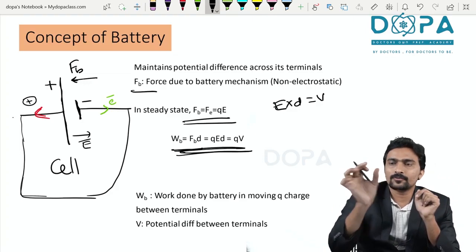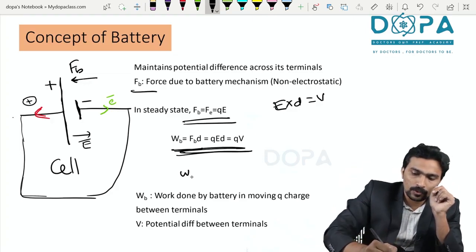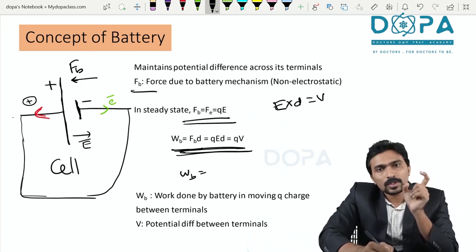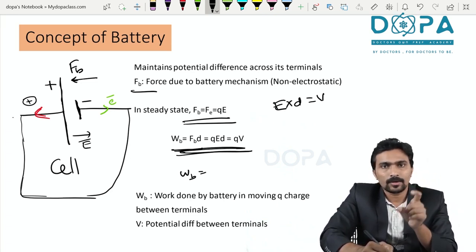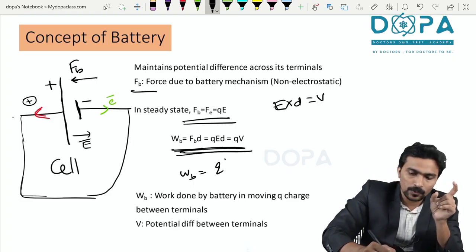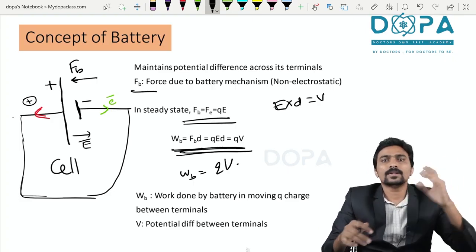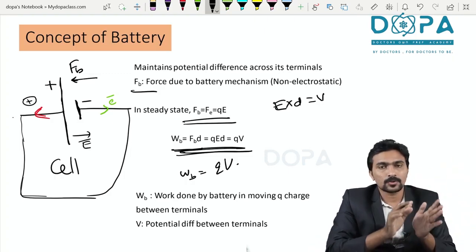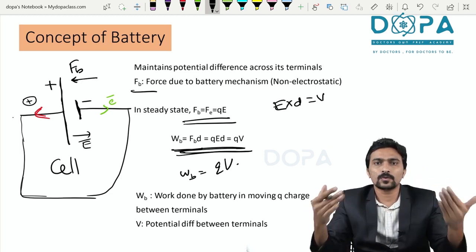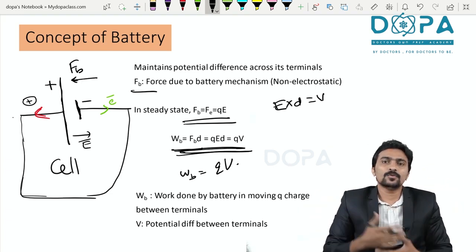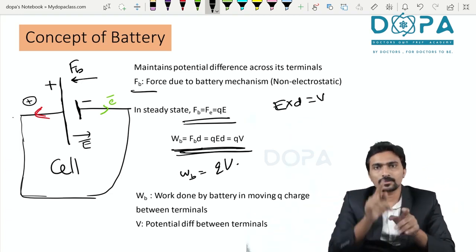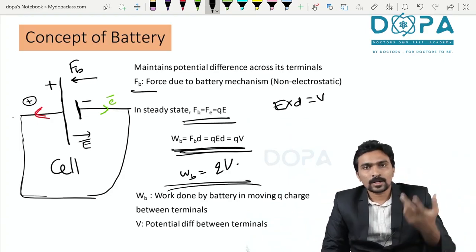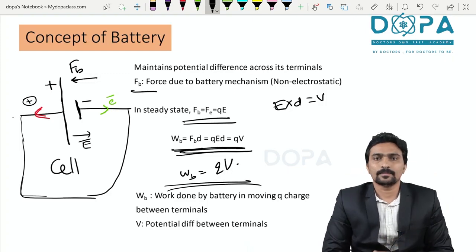And that E into d is V. So the work done by the battery to move this charge from one plate to another is equal to Q into V. We have learned in electrostatics that the work done on a charge to move through a potential difference of V is equal to Q into V. Therefore, the battery is actually moving these charges across a potential difference of capital V. So this is how we can relate to the potential difference across the terminals of a battery.